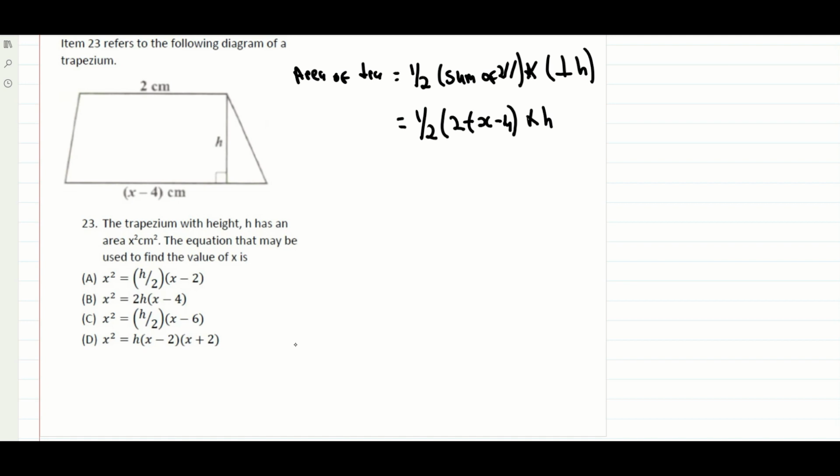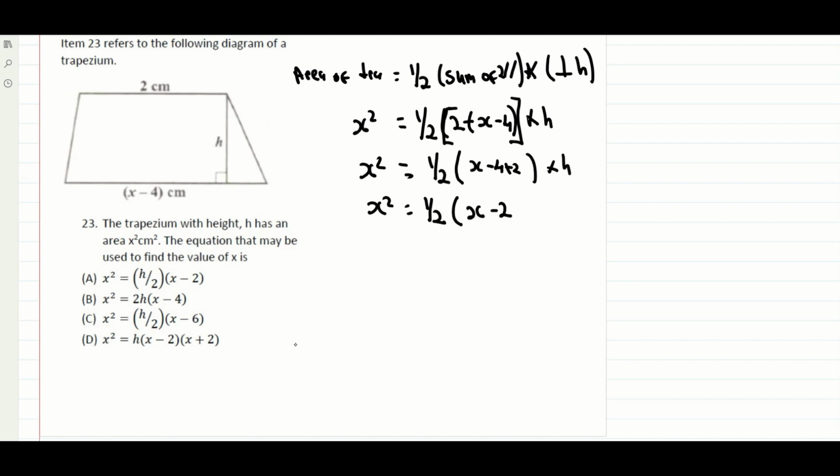So this is all equal to x squared. When I work out my brackets here, let's put a square bracket here, just so you guys could see that's x squared. We didn't make x or anything the subject, so x squared is equal to half, the bracket would be x minus 4 plus 2 times h, which is x squared is equal to half by x minus 2 times h, right?